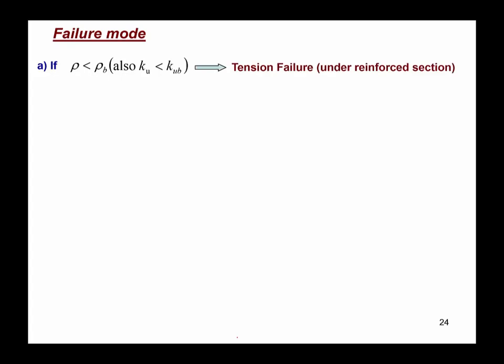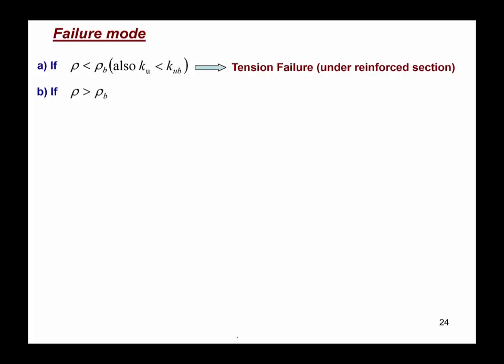So there are three different kinds of failure, as we said. If the reinforcement ratio rho is less than the balance reinforcement ratio rho b, or the neutral axis depth parameter ku is less than kub, where kub is 0.545, then we have the tension failure mode, or the under reinforced failure, which is a ductile, desirable failure.